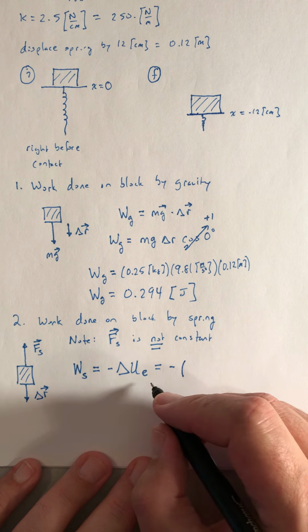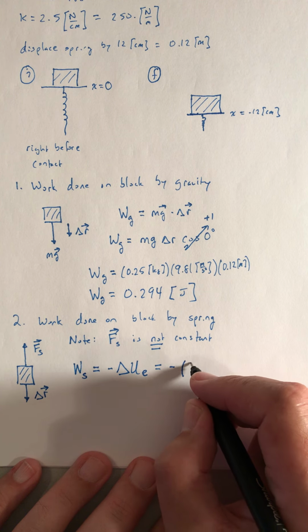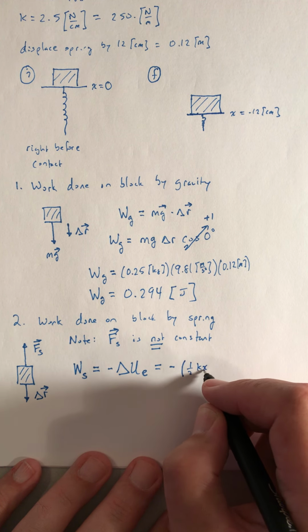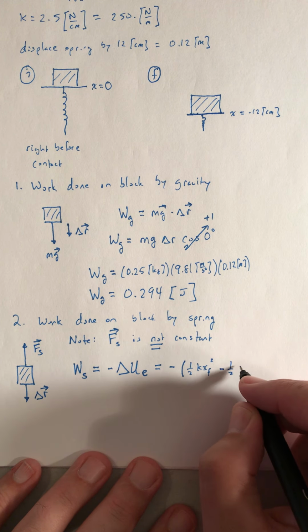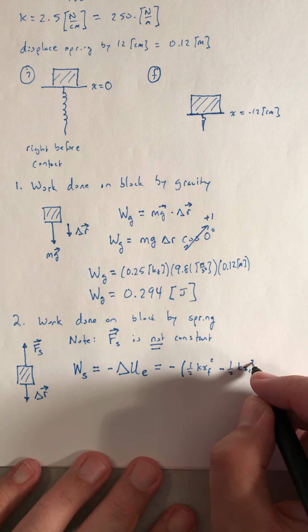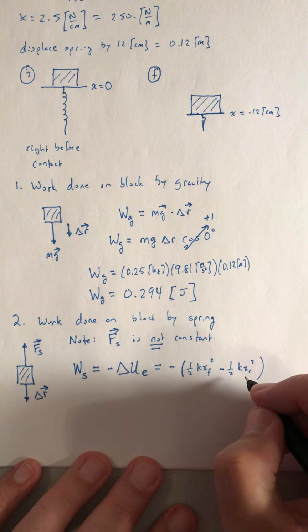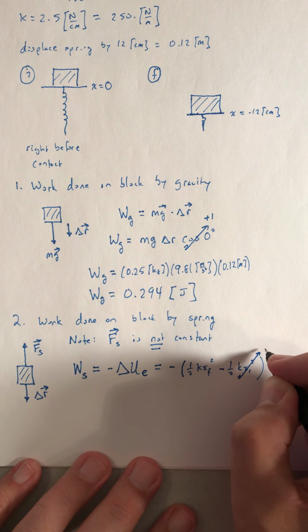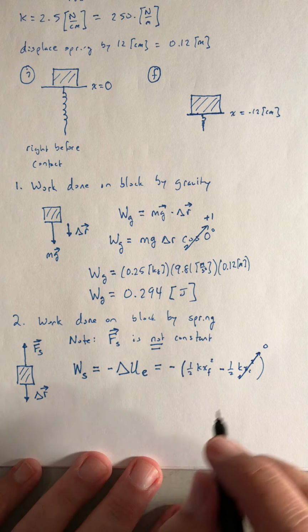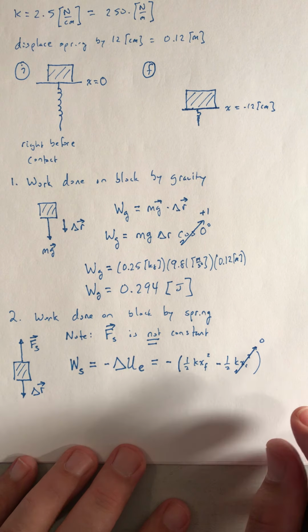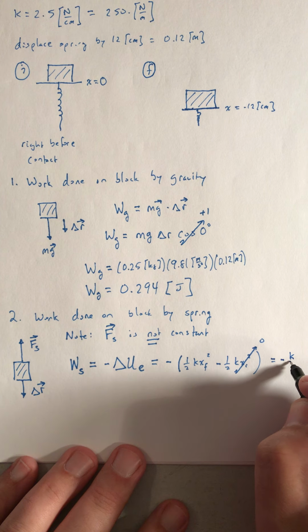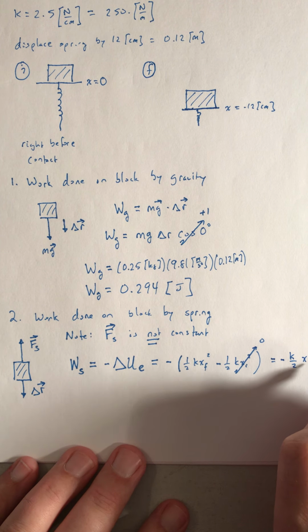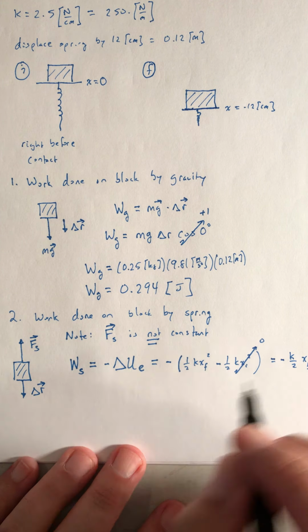So I'm going to have minus, and then in parentheses, half k x final squared minus half k x initial squared. And we took that to be our 0 point. So the work done by the spring is going to be minus k over 2 x final squared.